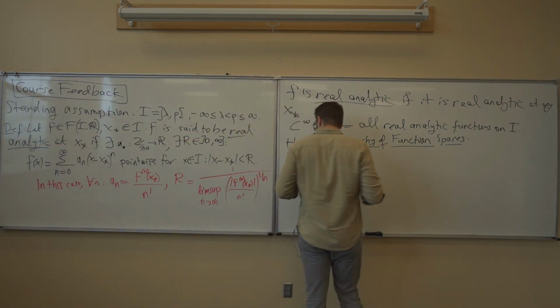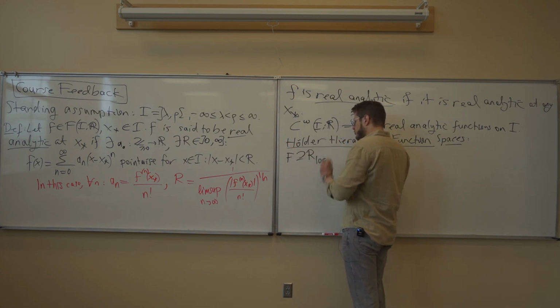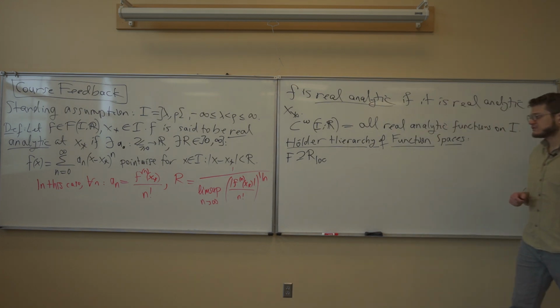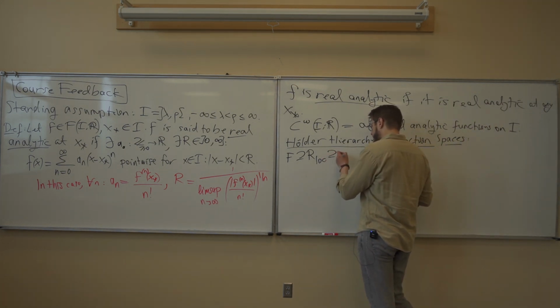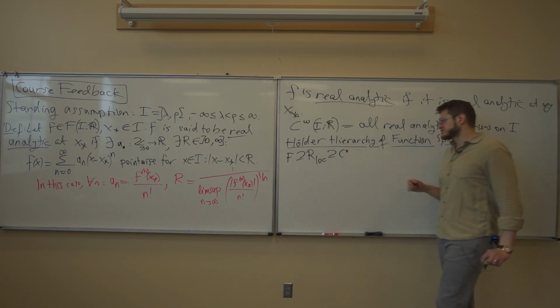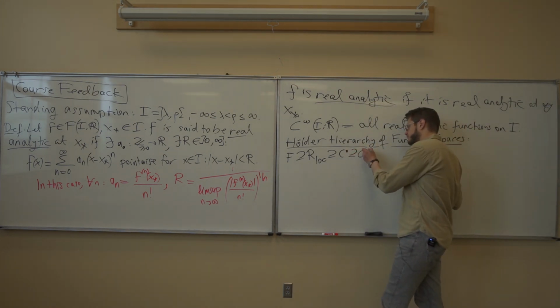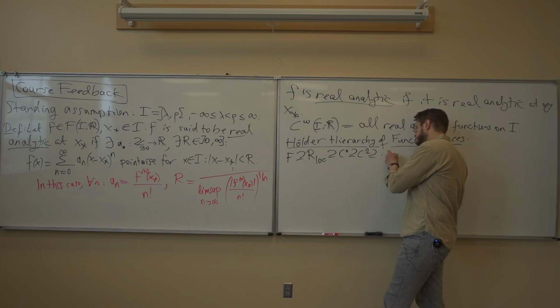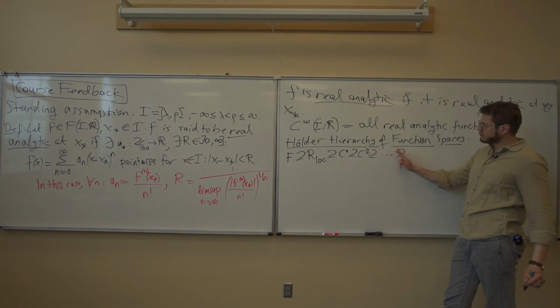And then smaller than all functions is the set of all locally Riemann integrable functions. Within it, you have the set of continuous functions. Within C0, you have C1, and so on. And then you have C2, C3, and so on.